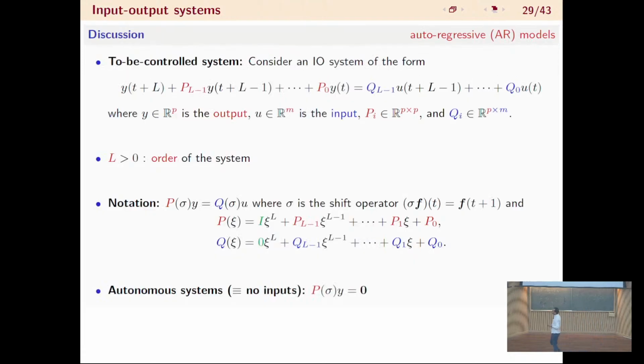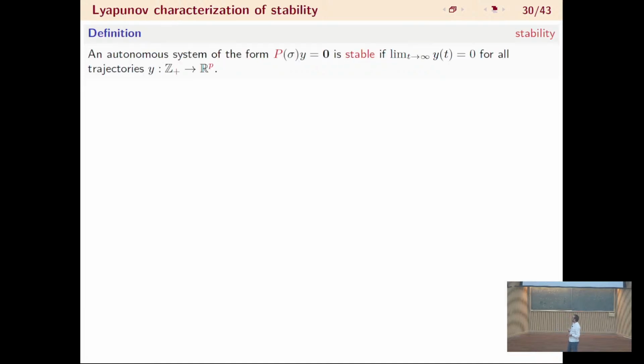Now, since we are interested in stability, I need to define and study stability in this behavioral context. I'm going to say an autonomous system given by this P polynomial is stable if all trajectories tend to 0 asymptotically. It's the same kind of definition we have in state space.